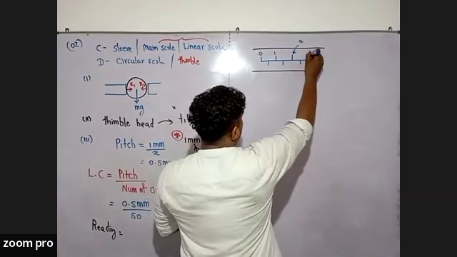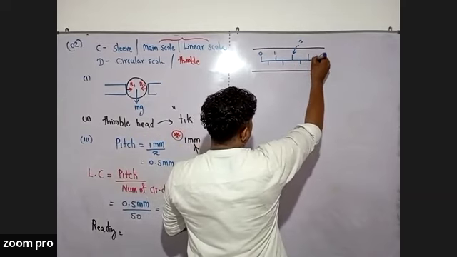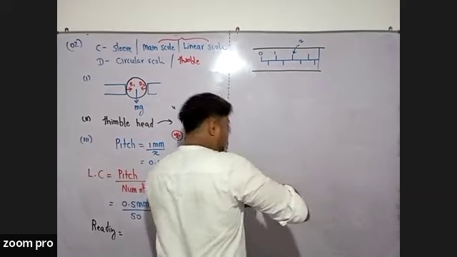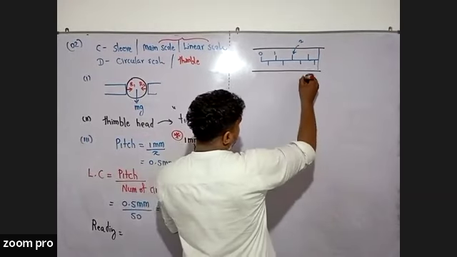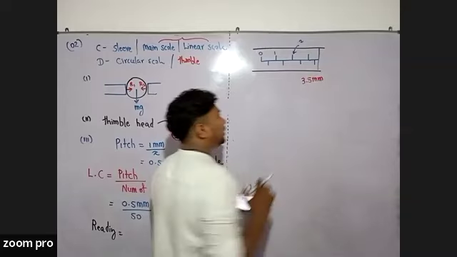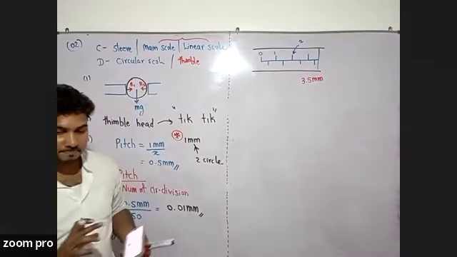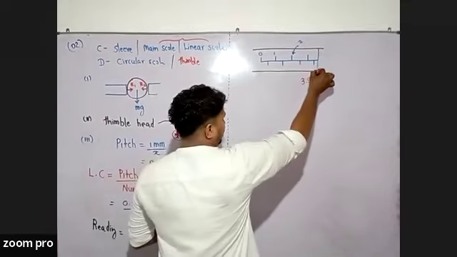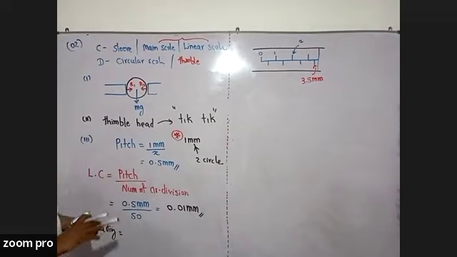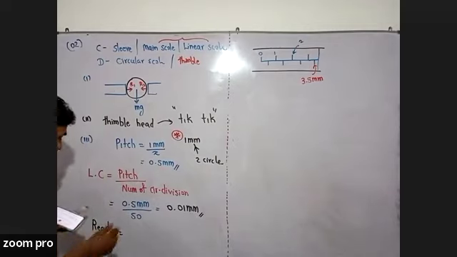This is 2.5, this is 3, and this should be 3.5. So the reading of the main scale should be equal to 3.5 millimeters, because we have to consider the final value that appeared on the main scale, right?